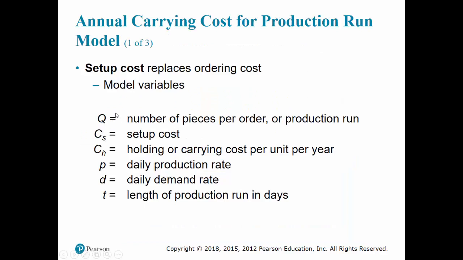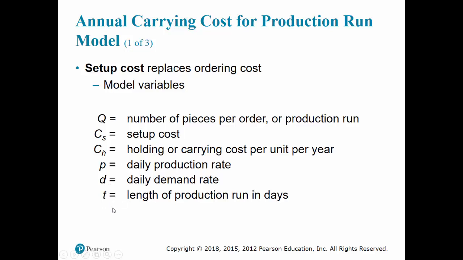With these notations, Q being the order quantity, instead of C sub O we use C sub S as setup cost, because we use the production metaphor here. In production we don't have ordering cost, but we have setup cost. Holding cost is the same as before, and we use lowercase p for production rate and lowercase d for demand rate.